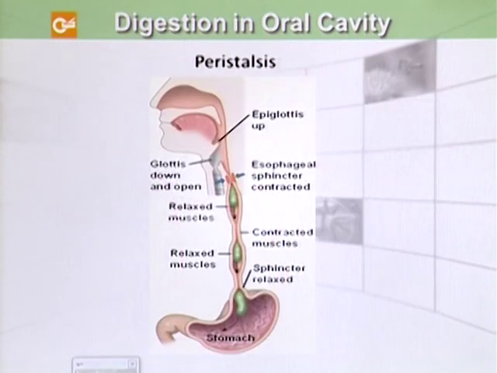So when the food moves to the esophagus, peristalsis occurs. Peristalsis is actually rhythmic or wave-like contractions. It takes place with the help of the longitudinal and circular muscles of the esophagus. And this peristalsis actually occurs throughout the digestive tract whenever the food has to move to the next region.